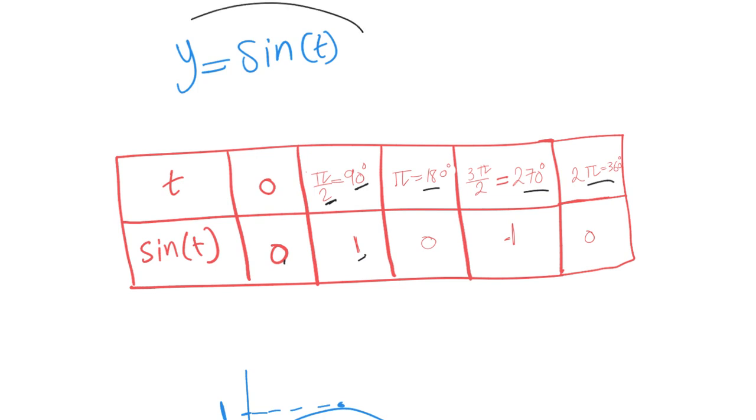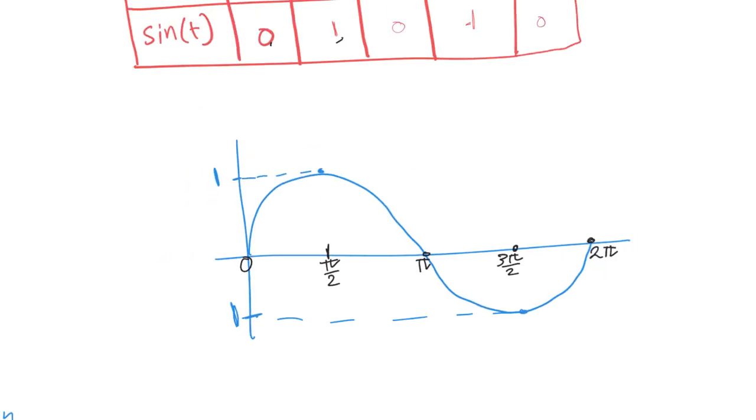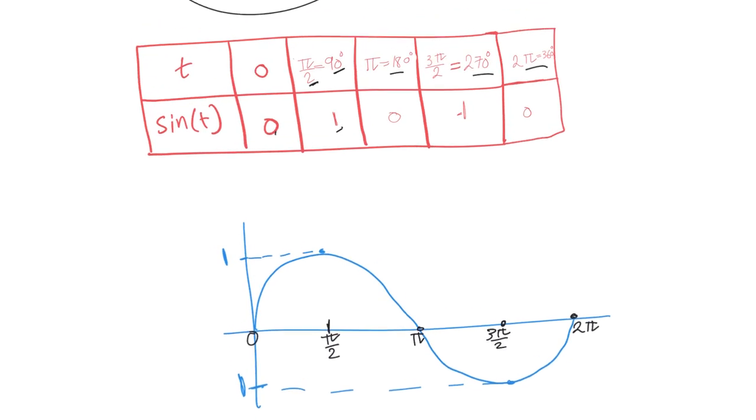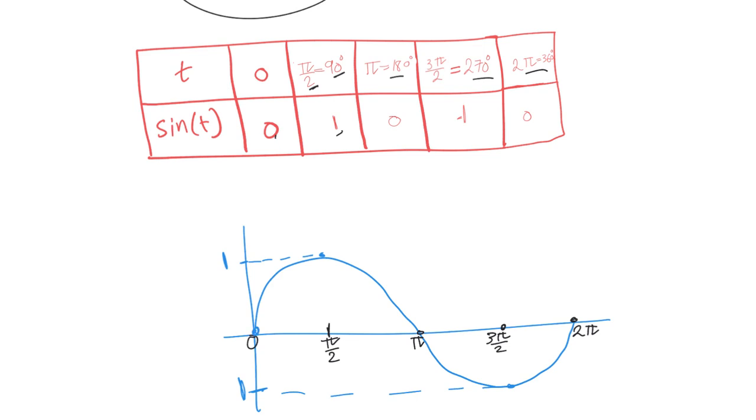So if we come now to plot the function sine t, we will get this shape or this oscillation. Look here at t equals 0, the sine t is 0.